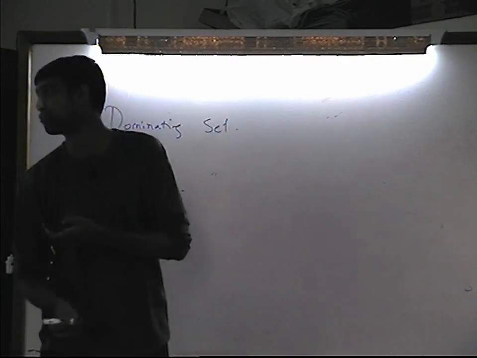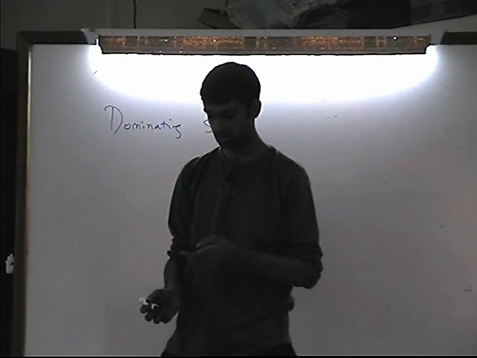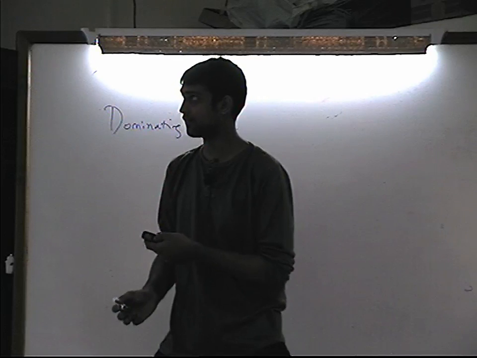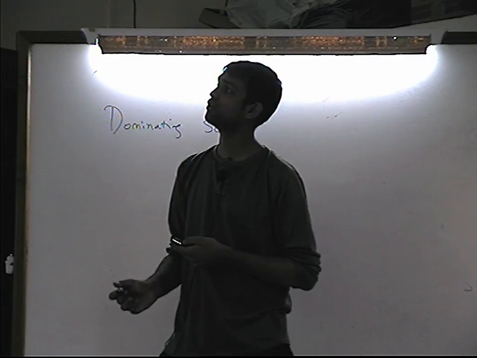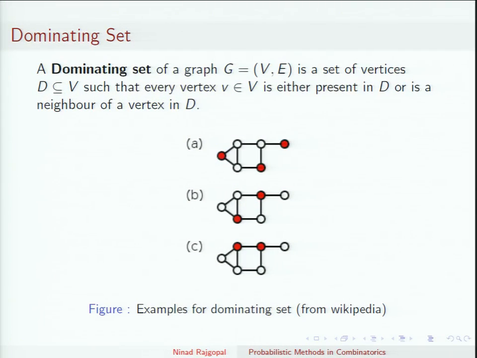I'll make this more clear with examples. So look at this graph. The red vertices form my dominating set because if you look at any of the other vertices, they have a neighbor in this set. Similarly, these two would form my dominating set here, and these two here, where any of these vertices have a neighbor in this set.